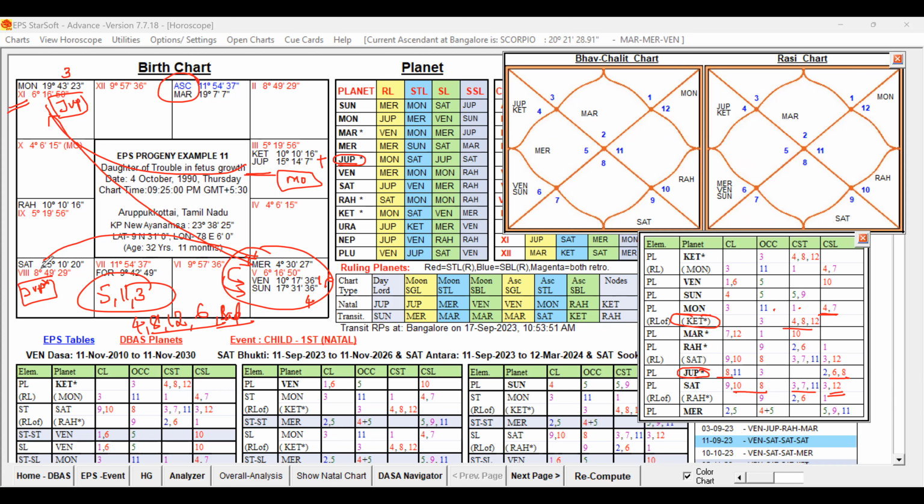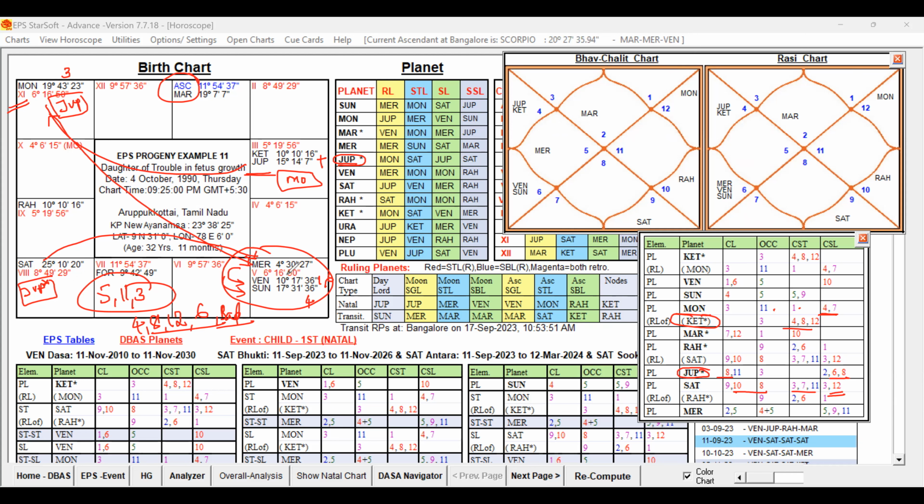Saturn is also the Karaka planet for obstacles, to the occupant of the 8th house or the occupant of the 4th house from the 5th house. 4 is improper growth. 5th house is good growth, right? 4 is not a good house for growth. From the 4th house, Saturn is aspecting, the Karaka planet for obstacles in general and also a slow planet.